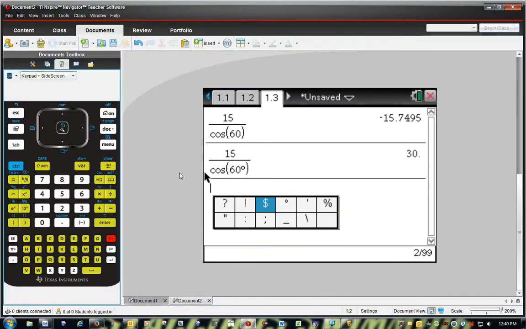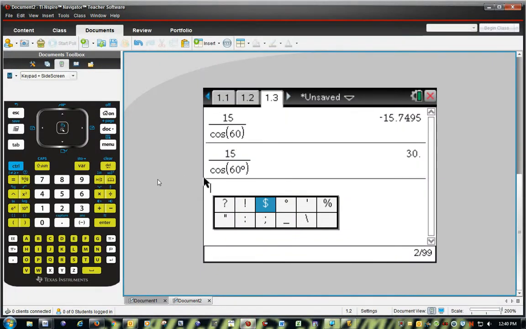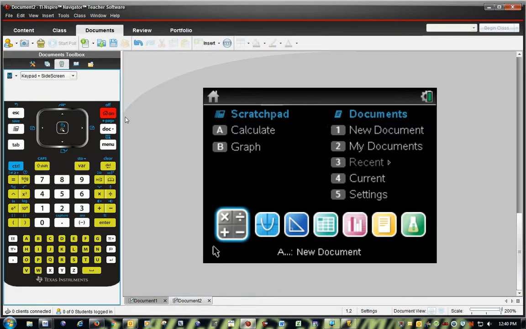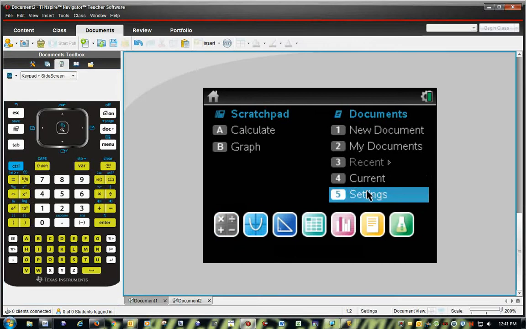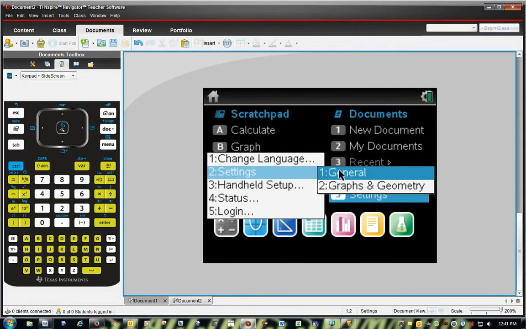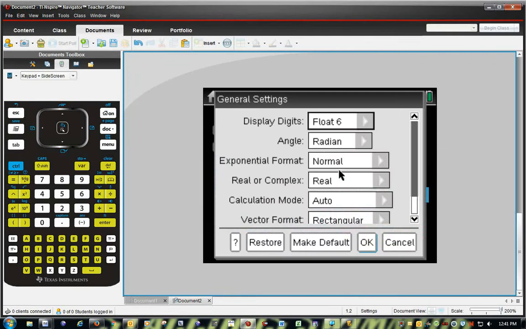Now, I'm going to show you this, but if you change it, I'm going to be extremely, very, very mad. If you go into settings, and this one says general, sometimes it says document settings, and it says angle. If you go in here, there are 3 different choices: radian, degree, or gradient.